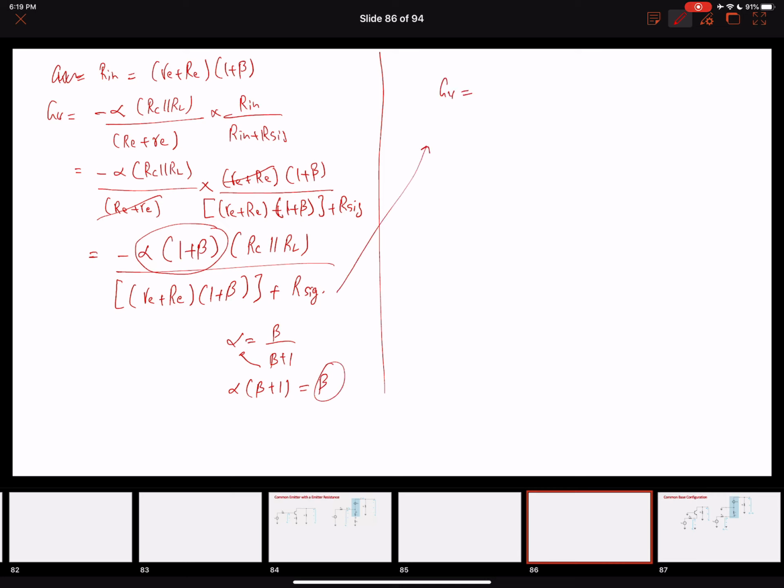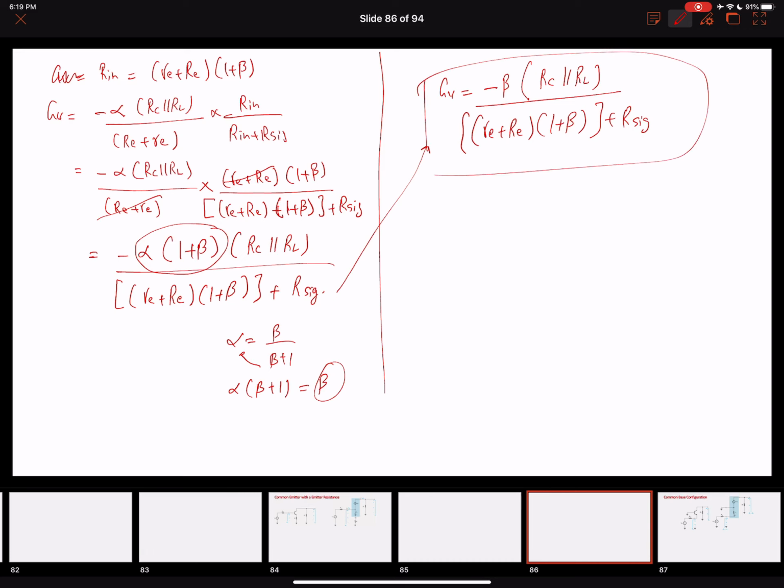Our overall voltage gain is equal to minus beta RC in parallel with RL, divided by RE plus RE times 1 plus beta, plus R signal. So this is the value of the overall voltage gain that we need for our common emitter configuration with the emitter resistance.